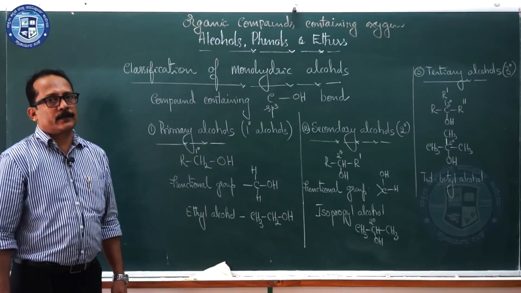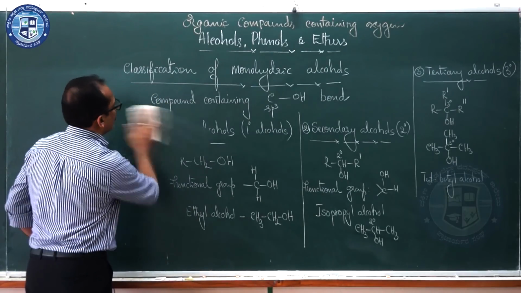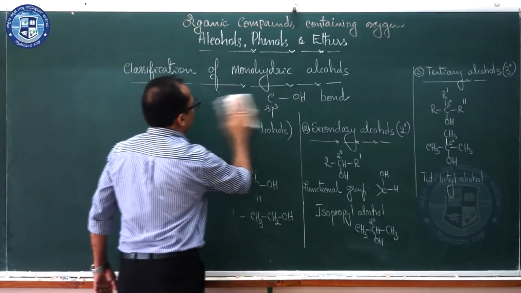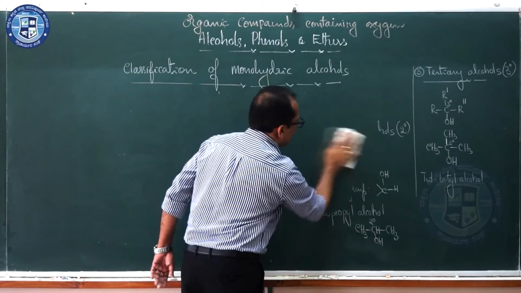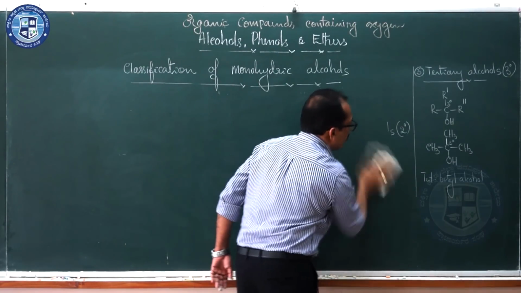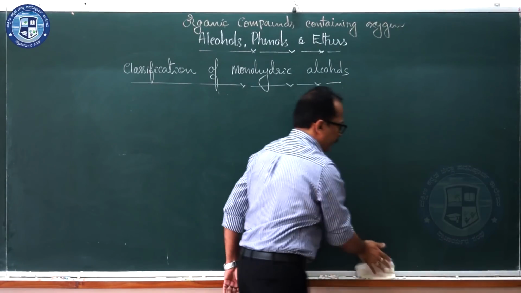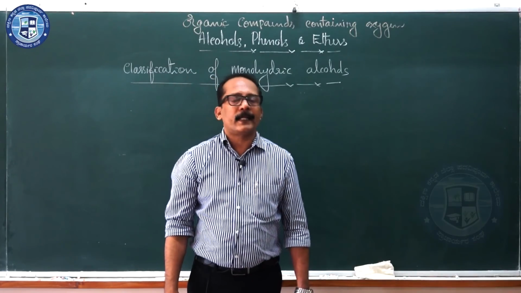In allylic alcohols, the OH group is attached to an sp3 hybridized carbon atom adjacent to a carbon-carbon double bond. Such types of alcohols are called allylic alcohols.